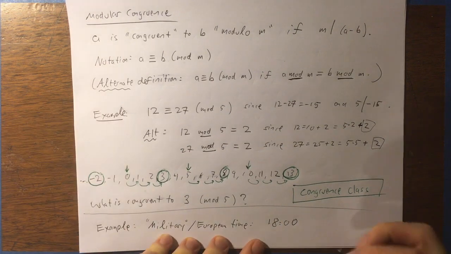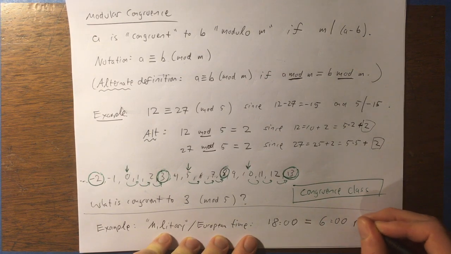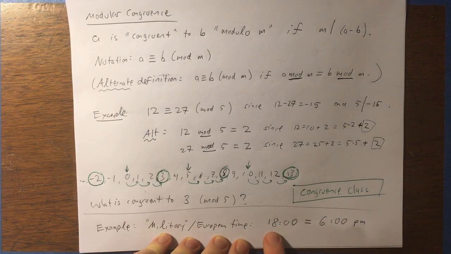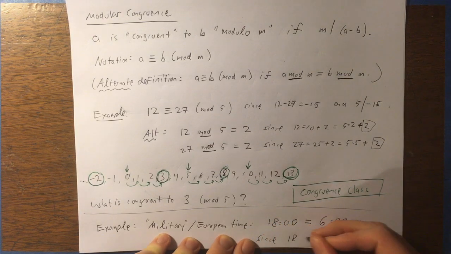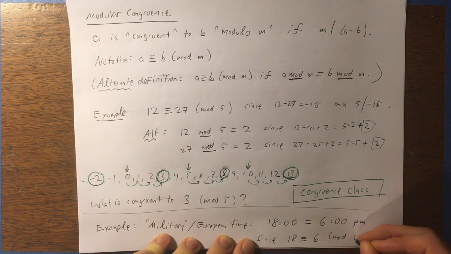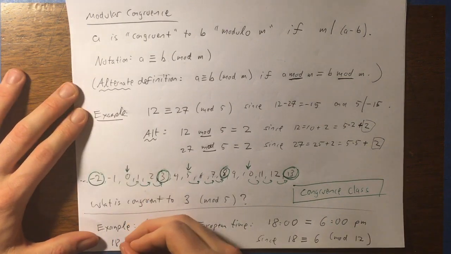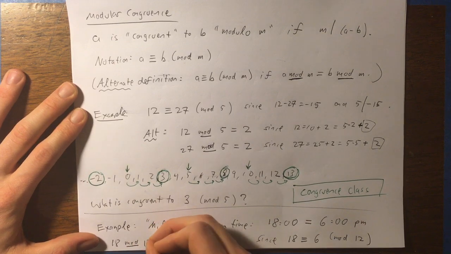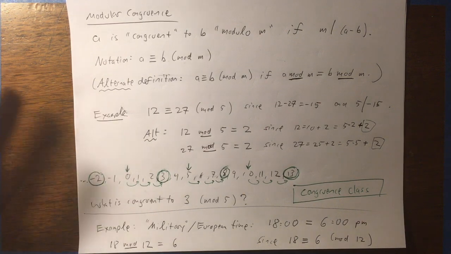We interpret that as 6 o'clock, 6 p.m. The reason we do that is because we take the number 18 and reduce it modulo 12. 18 is congruent to 6 mod 12, and in fact 18 reduced mod 12 is equal to 6. The remainder when you divide by 12 is 6.